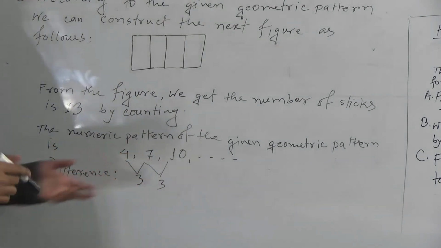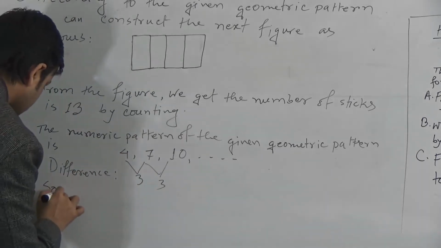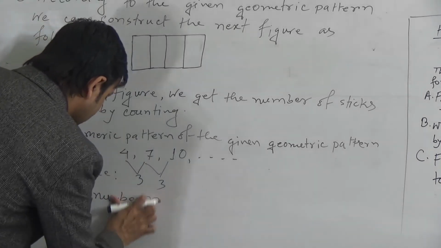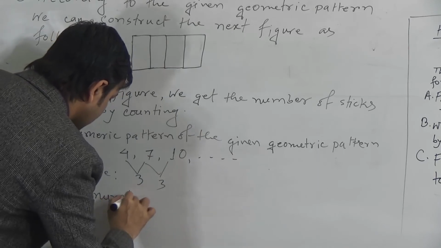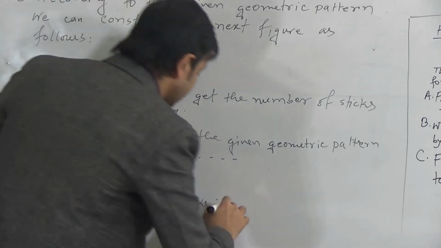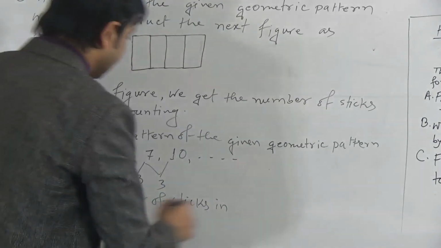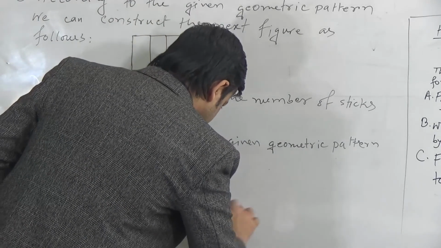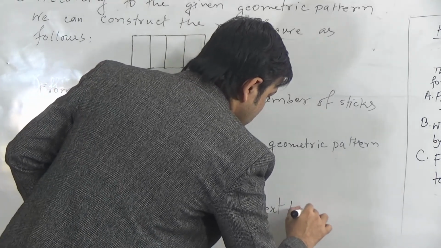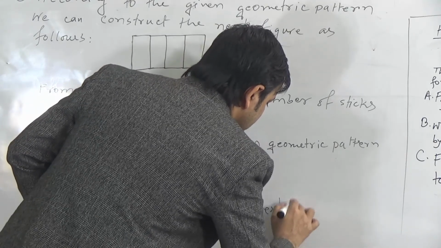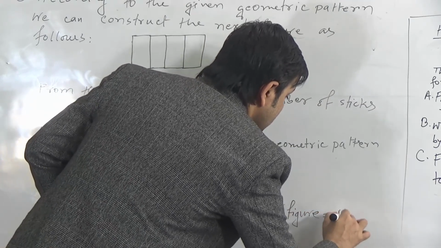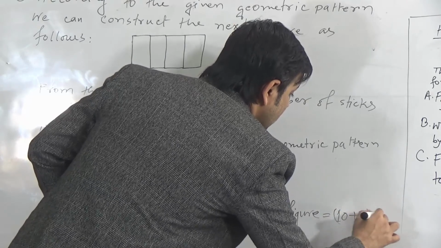So the number of sticks in the next pattern, in the next figure, in the next term or next figure will be 10 plus 3 equal to 13.